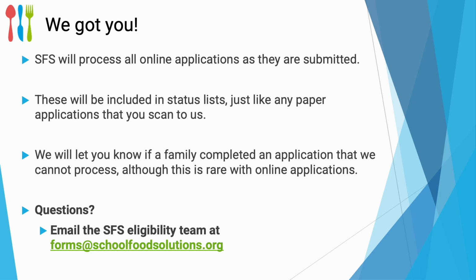Those determinations will be included in the status list that we send you, just like any paper forms that you would be scanning to us. And we'll let you know if for some reason a family completed an application online that we can't process, although this is pretty rare. If you have any questions at all, do not hesitate to reach out to us.